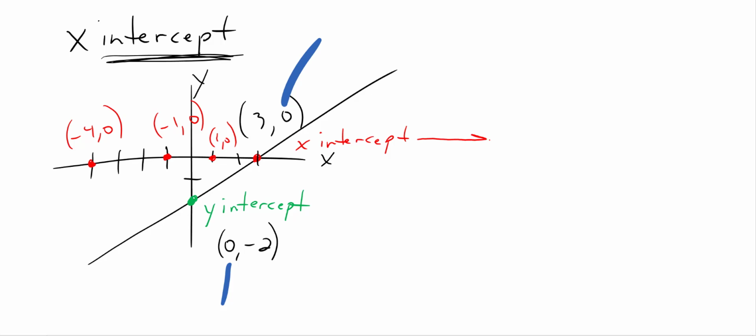So when you want to find the x-intercept, and this is super ultra important, what you're going to do is set y equal to 0. Sometimes people throw that off and say, oh, you set the x to 0 because you're crossing the x-axis. No, because the x will cross at -4, -1, at 1, at 3.